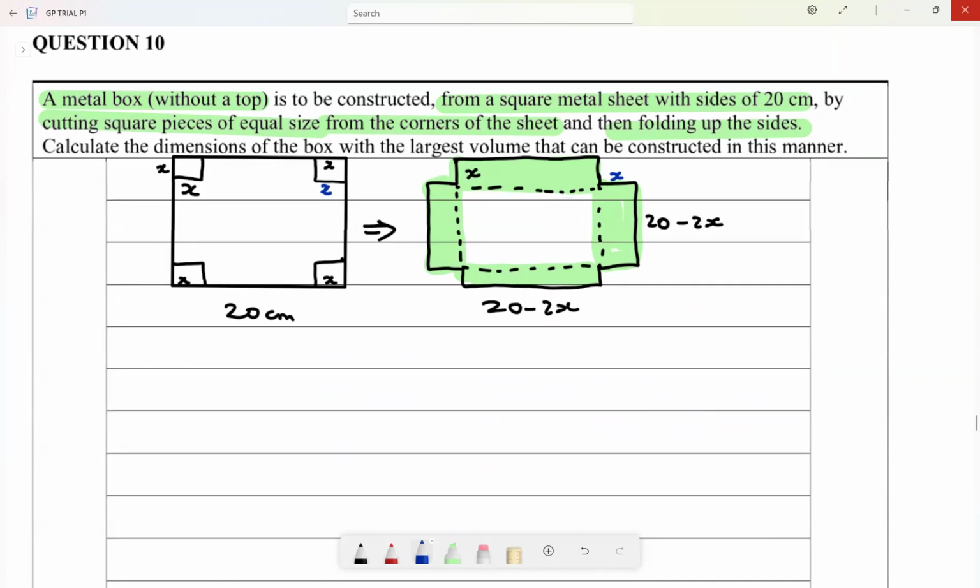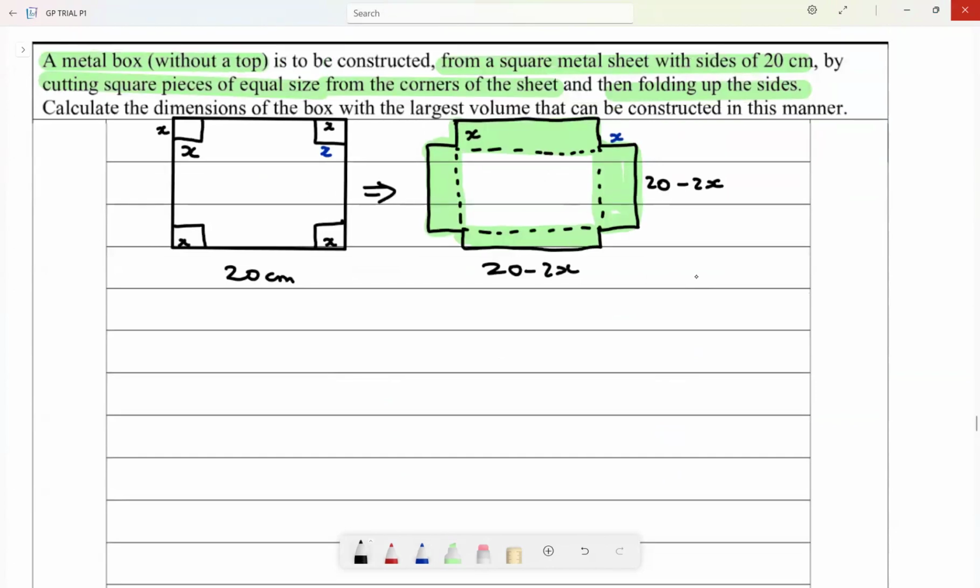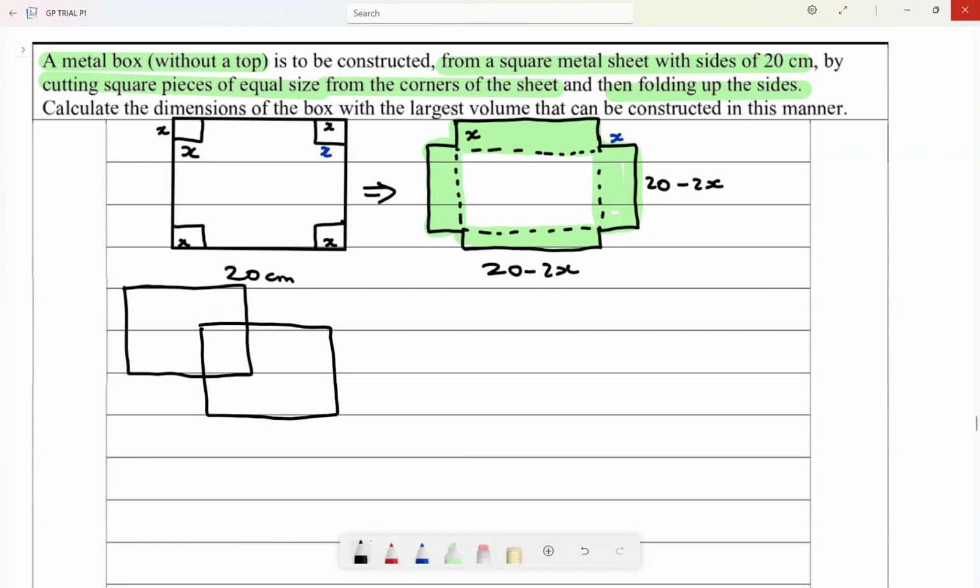So when I construct my box, still remember the typical way in which we construct a box. And then I'm going to have another part of the box here. Let me try to join the box. So this is the base. Remember my base is this one, the one lying flat.